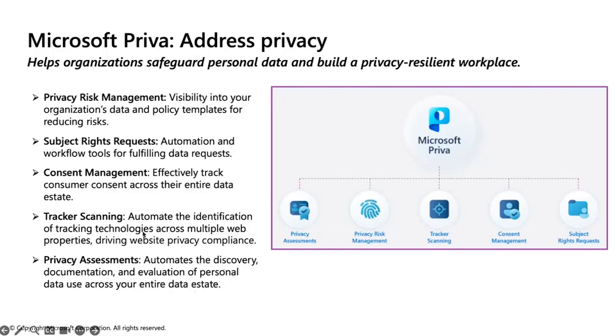Especially tracker scanning is a tool that automates the identification of tracking technology across multiple web properties, driving website privacy compliance in your organization. Also, consent management effectively tracks consumer consents across their entire data estate. So you can see it's a dedicated portal, and you can see all this information in one place.